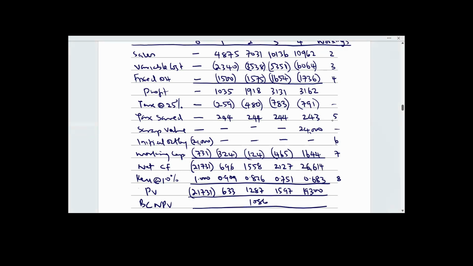So multiply by 0.683 equals 17,177. Okay. Sorry, I'm not getting this 26,614. The working capital is not 1,644. Yes. 1,644.